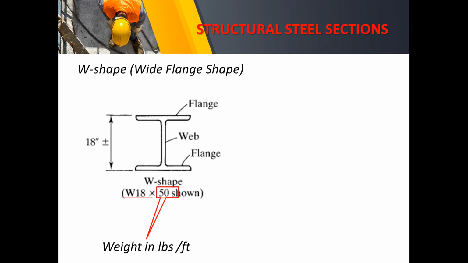So meaning W18 has a depth of more or less 18 inches, and it has a weight that is 50 pounds per foot of length. So that is the indication of the abbreviation as well as the code of your shape.